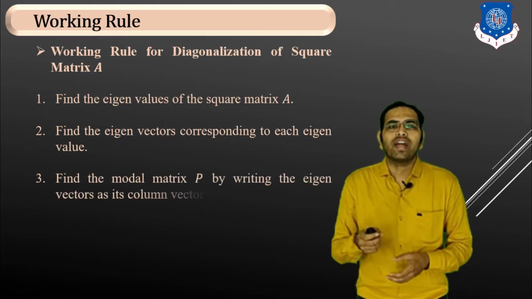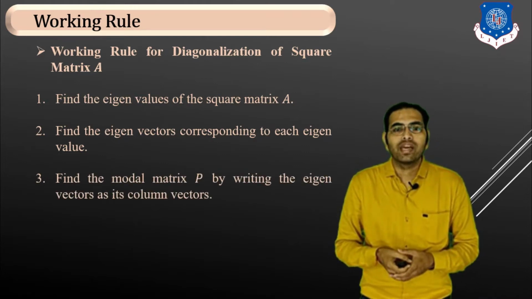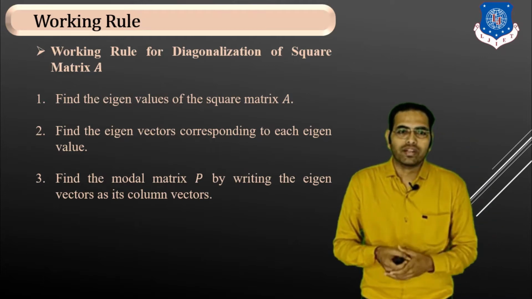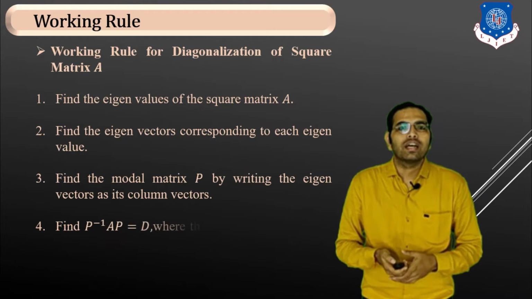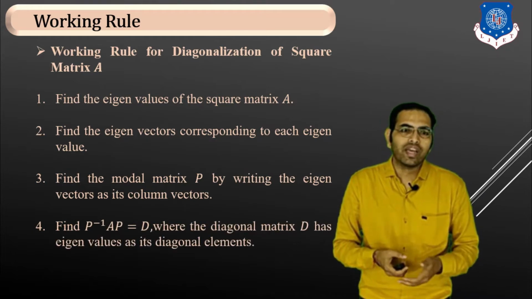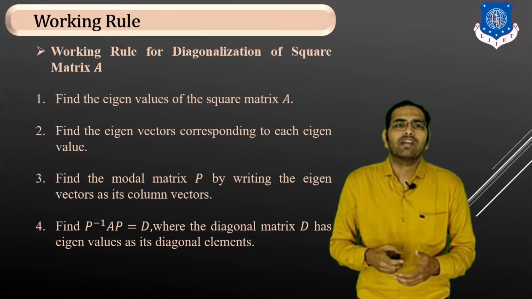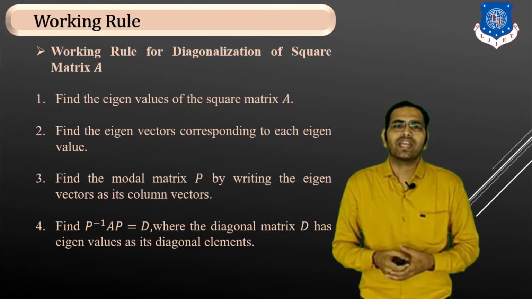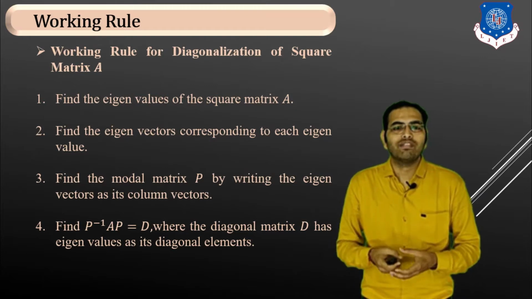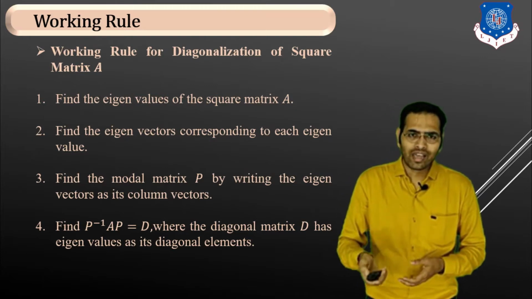Third one is finding the modal matrix capital P by writing the eigenvectors as its column vectors. Fourth one is finding P inverse, and then P inverse AP equals capital D, where D is the diagonal matrix. It has the eigenvalues as its diagonal elements.